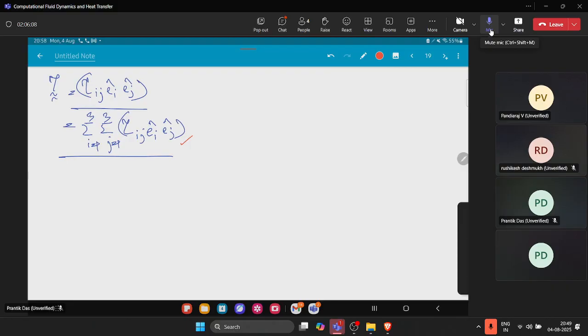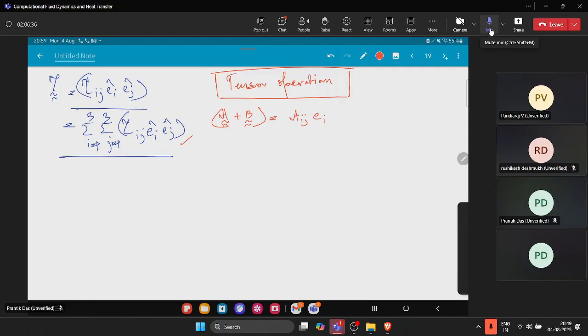If I go to the tensor operations, similar to the vector operations that we do, there is addition, subtraction, and dot product between the two that I'm going to show you. So A tensor plus B tensor is basically equal to Aij, Ei cap, Ej cap.